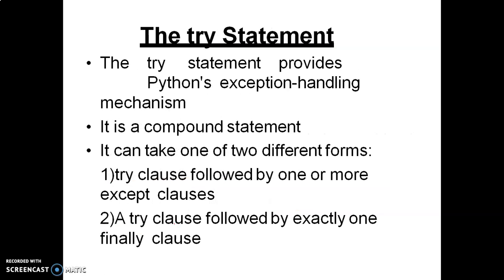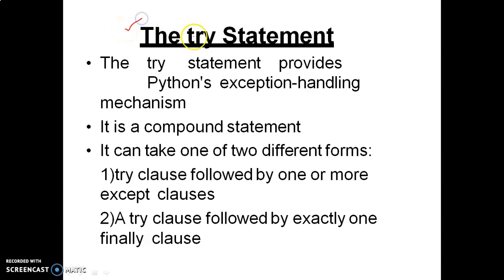Next, for this exception handling, we require different types of statements to handle these errors and to mark particular code as error-prone code. For that, we specify some statements for exception handling.